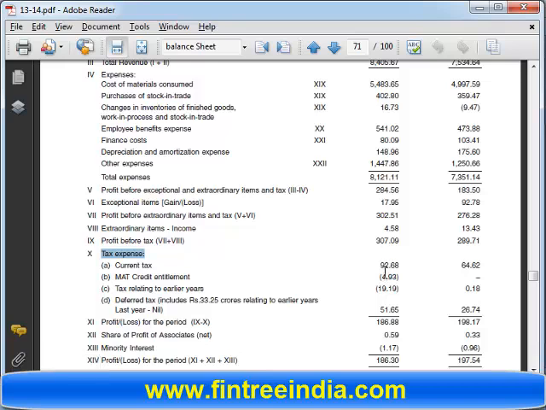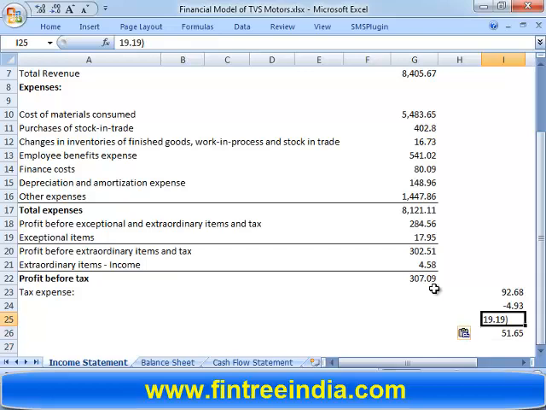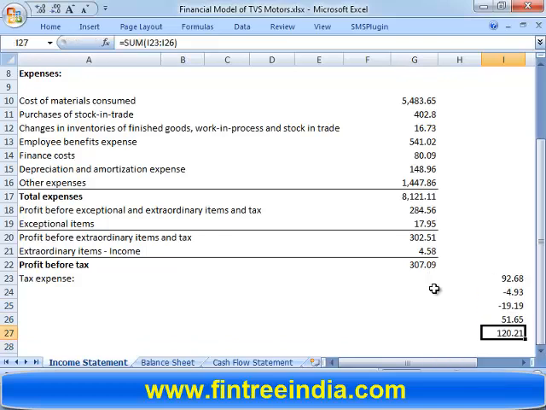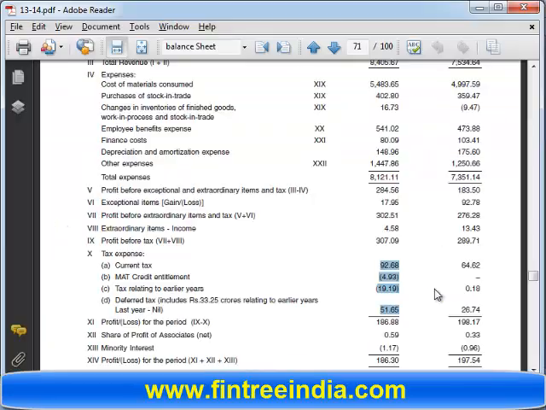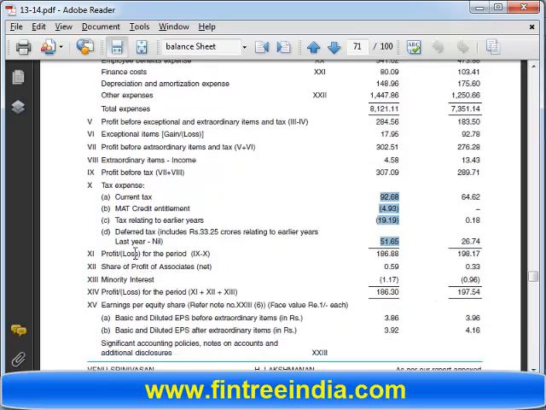We don't need the bifurcation, so I'm simply going to take a total of these numbers. Profit or loss for the period.